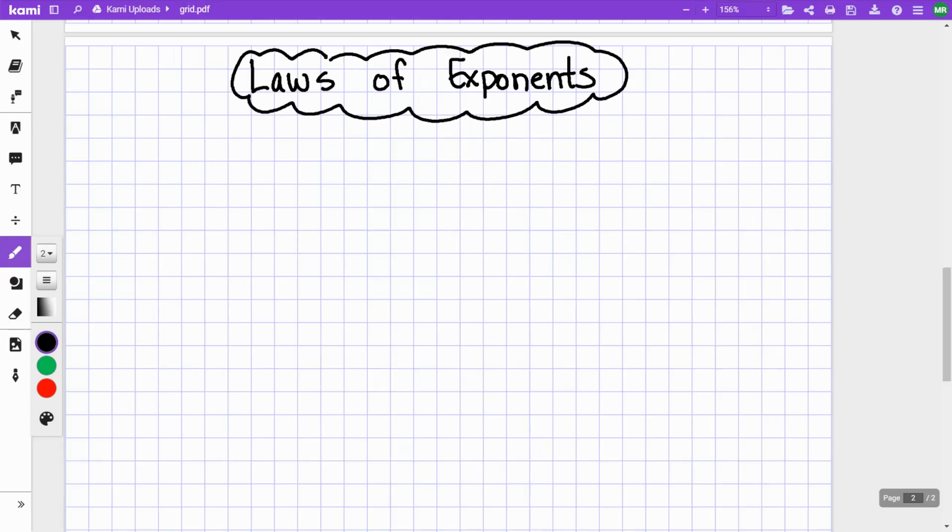So let's say, for example, I have 3 to the power 4. Okay. The 3 is called a base. The 4 is called an exponent or power.